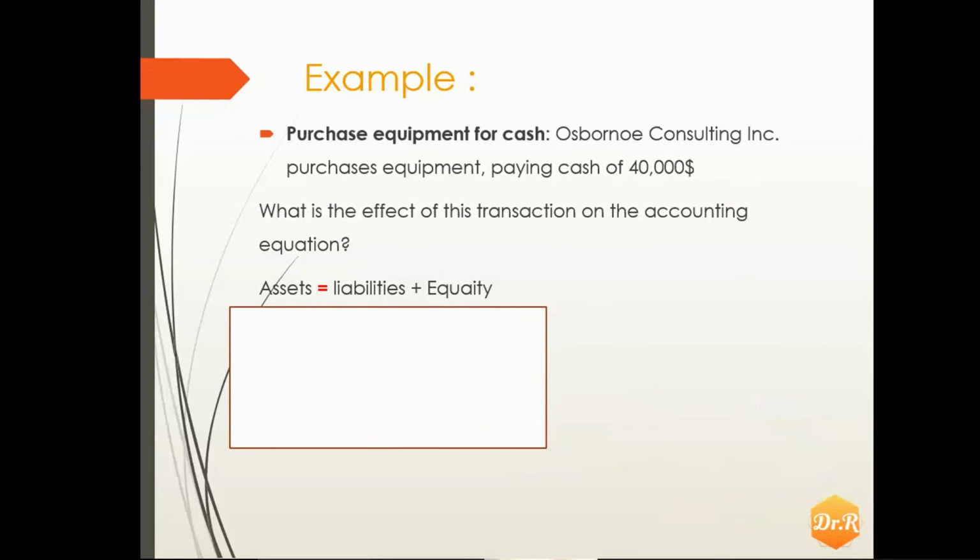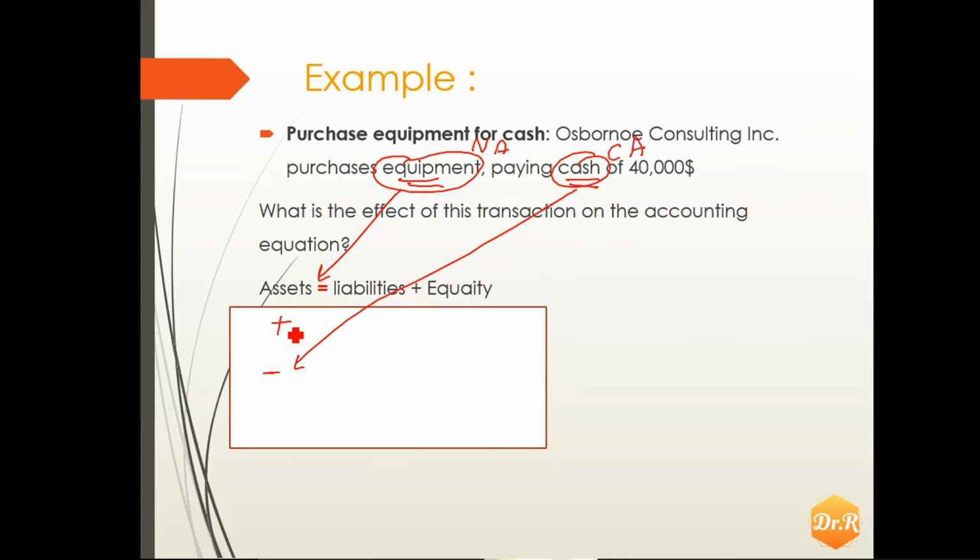Purchase equipment for cash. The company, Osborne Consulting Inc., purchases equipment. They pay cash of 40,000. In this transaction, we have equipment and we have cash. Equipment is a non-current asset and cash is a current asset.